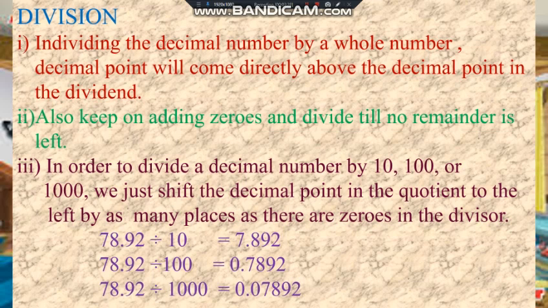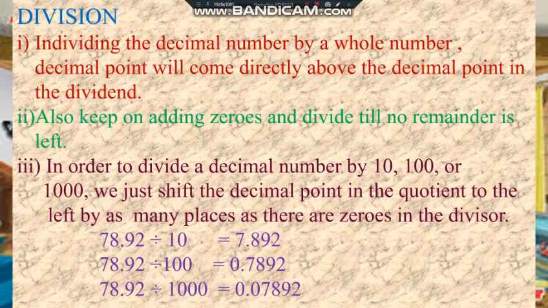For example, 78.92, if we divide this by 10, decimal shifts to the left, by one place only, since we have only 1 zero, so 7.892. If we divide by 100, then decimal will shift two places, that is after 7, so 0.7892.